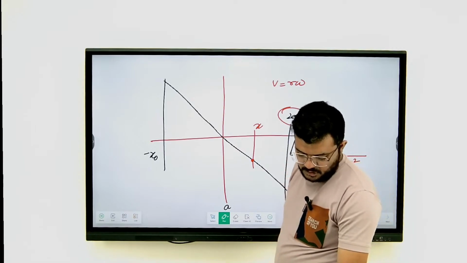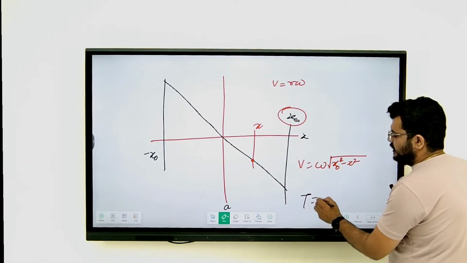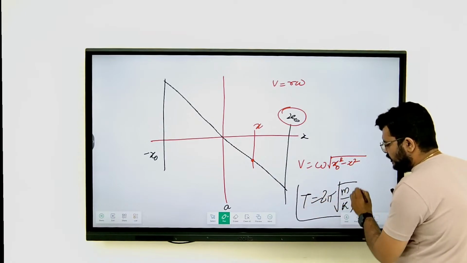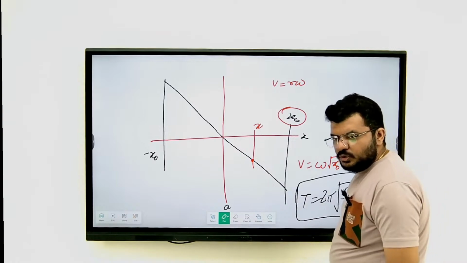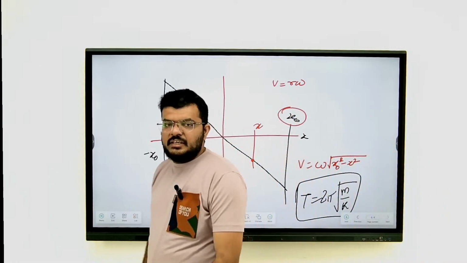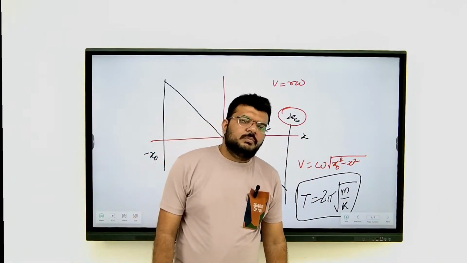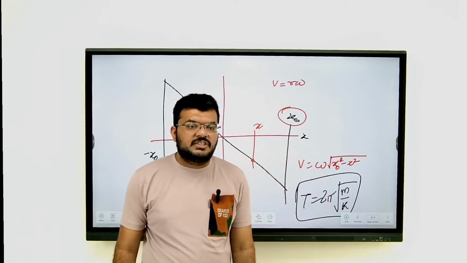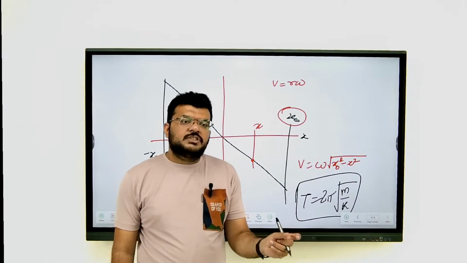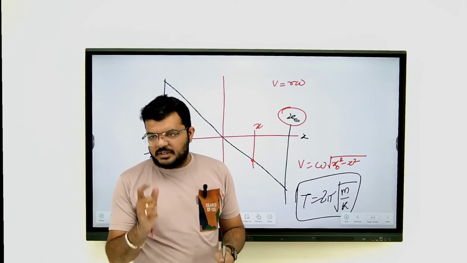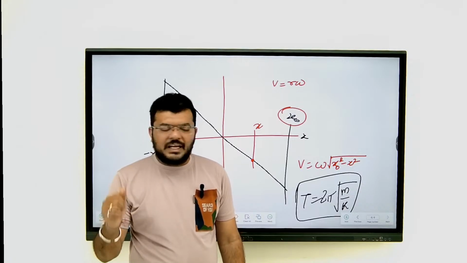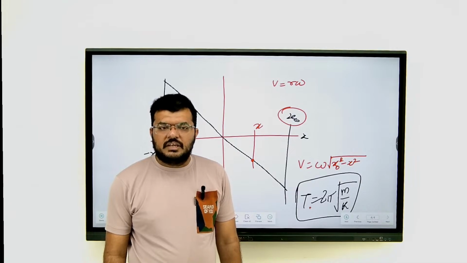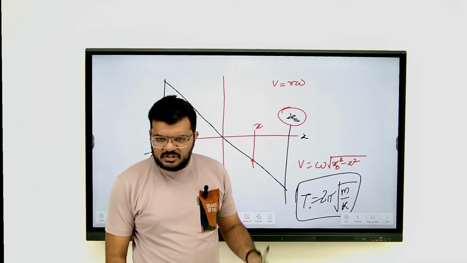Okay, they have also given a time period, the equation with respect to m by k. Now this is not generally used, but you should know that this equation tells us, see, in a simple pendulum, the mass of the pendulum does not affect the time period. But if it is a spring mass system, the mass and the stiffness of the spring constant affect the time period, and this is the equation that governs it.